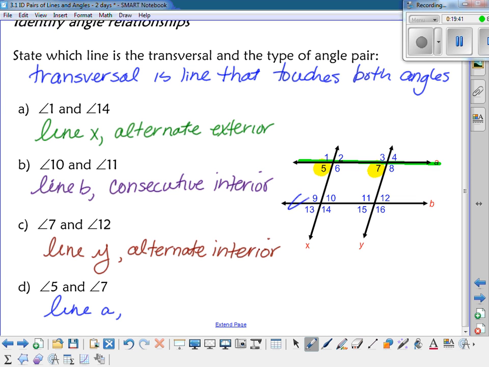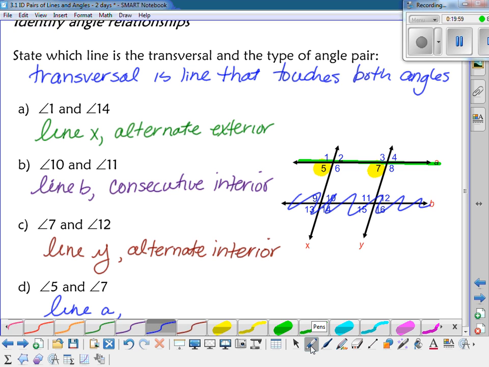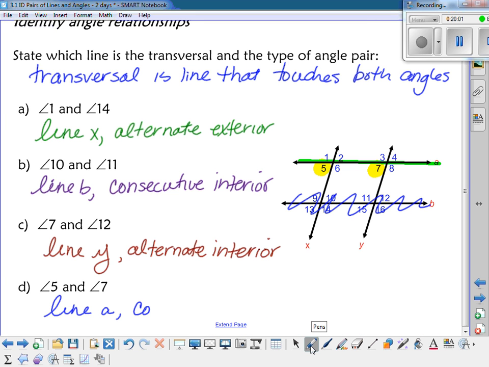And again, I don't care about this part of the drawing now, so I'll just cover that up or cross it out. And they're on the same side of the transversal, but they're also on the same side of their respective lines. So one's outside and one's inside, so they're not consecutive interior. So they are in corresponding positions, however, so they are corresponding angles.